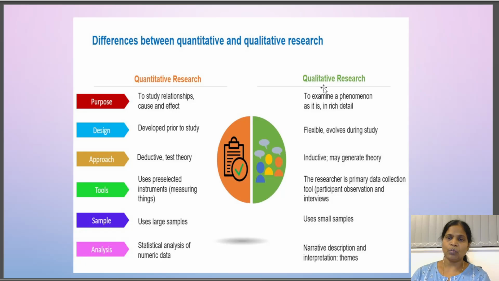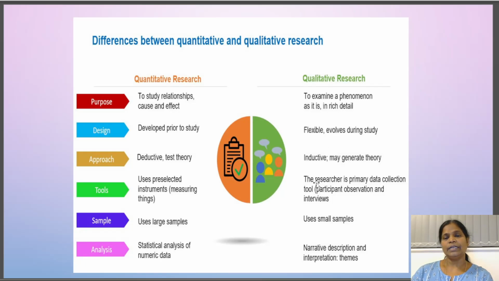But whereas in qualitative research, it is flexible. It can evolve during the study. Approach, quantitative is deductive, to test theory. Coming to qualitative, it is inductive and may generate theory. Coming to tools, quantitative uses pre-selected instruments for measuring things.